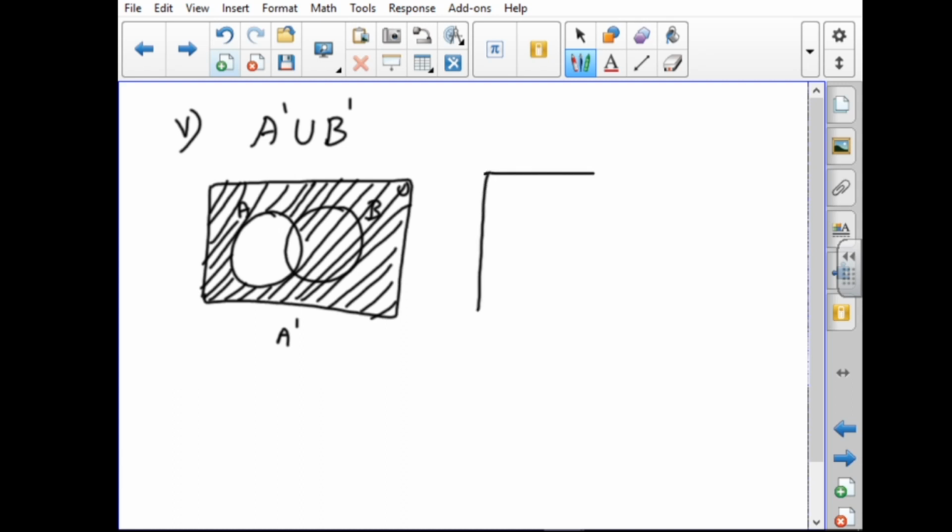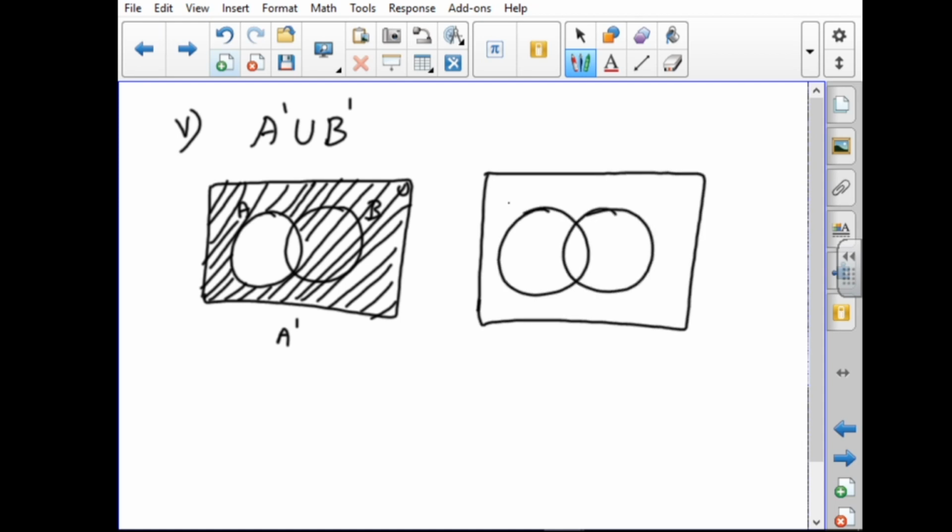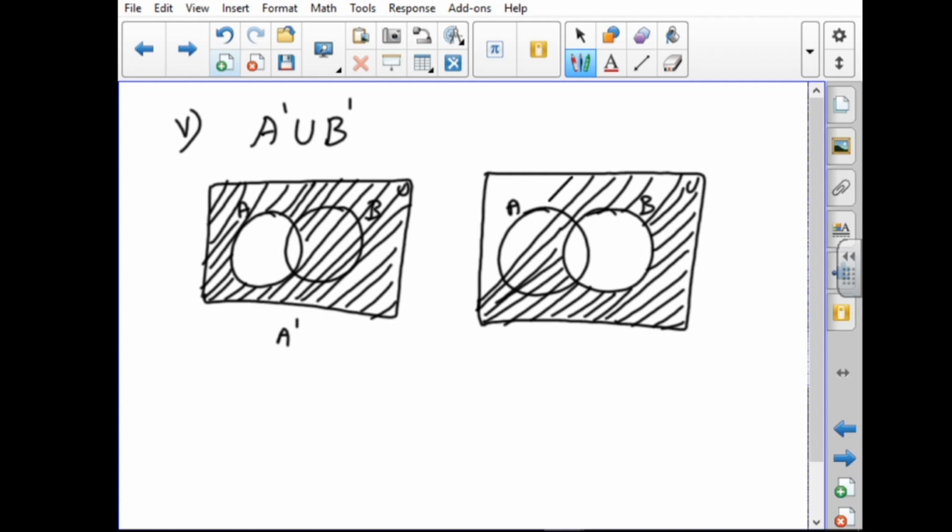Then B dash. B dash means except B. So except B set, fully you have to shade.